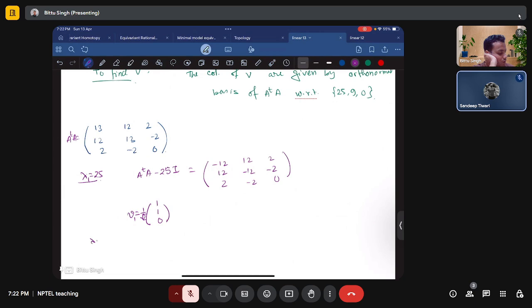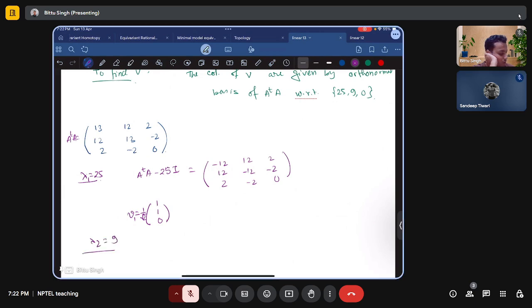Now corresponding to lambda 2 equal to 9, A transpose A minus 9I is 4, 12, 2; 12, 4, minus 2; 2, minus 2, 0. Now what will be the eigenvector with respect to this?